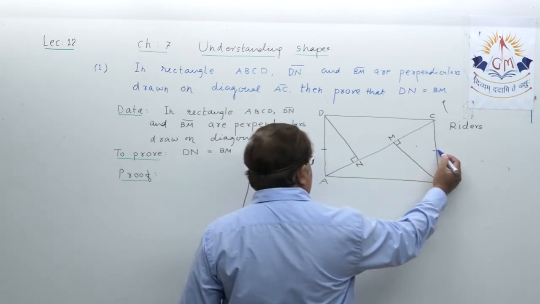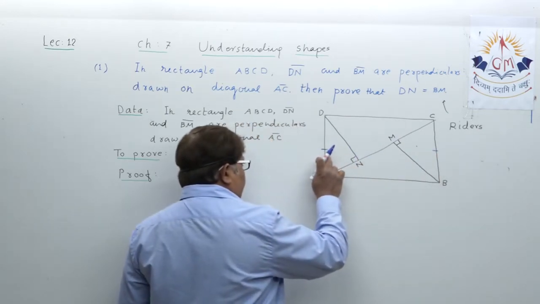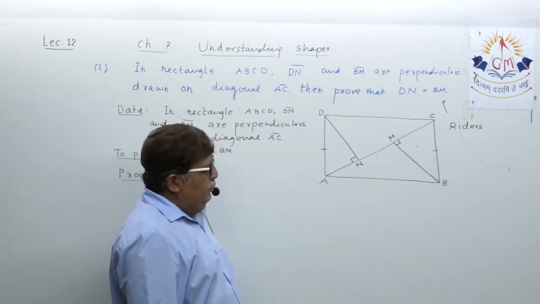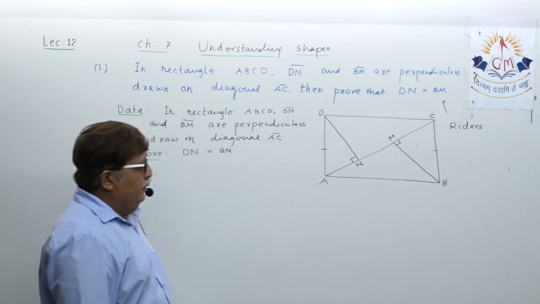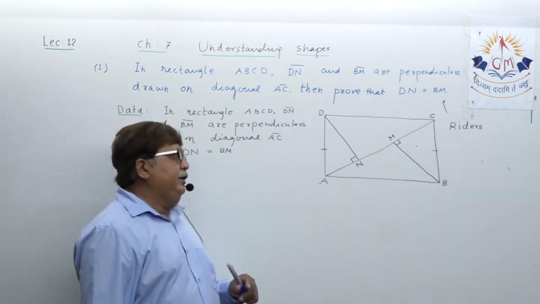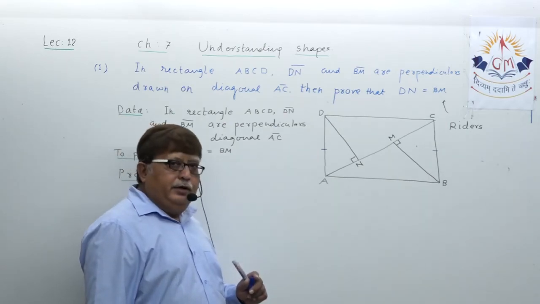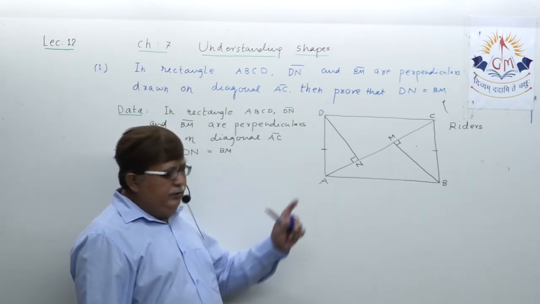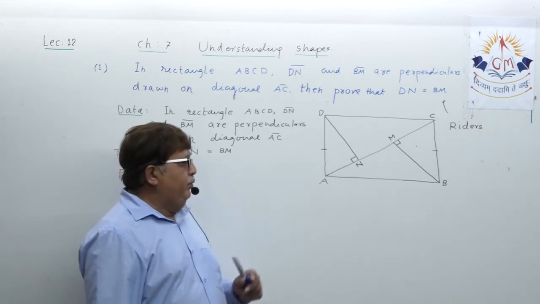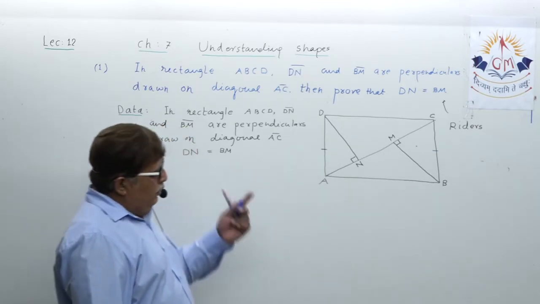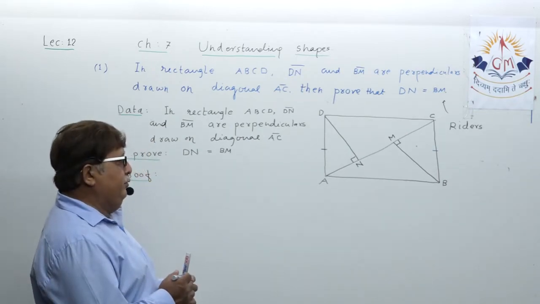So dear student, AD and BC are no doubt opposite sides of the rectangle, but they are actually the corresponding sides of two triangles also.